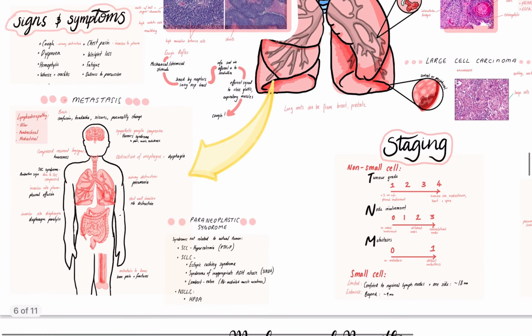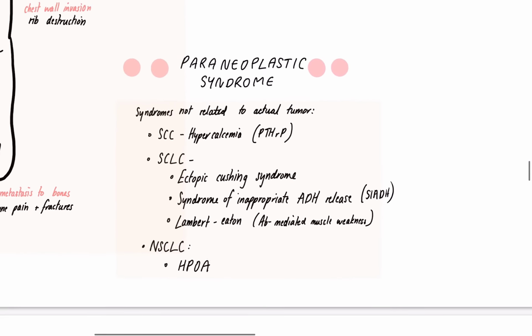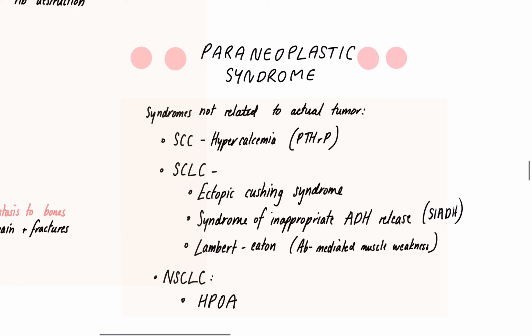Before we go through staging though, I wanted to mention paraneoplastic syndrome, which is something I only hardly understand. But basically from what I researched, it's where the cytokines and hormones released by lung cancer cells start creating these syndromes that aren't caused by the tumor cells themselves, but rather the dysregulation of the hormones and cytokines in the body.